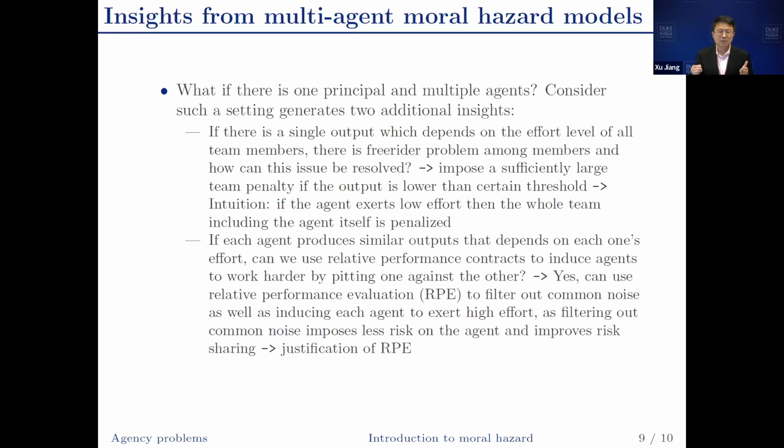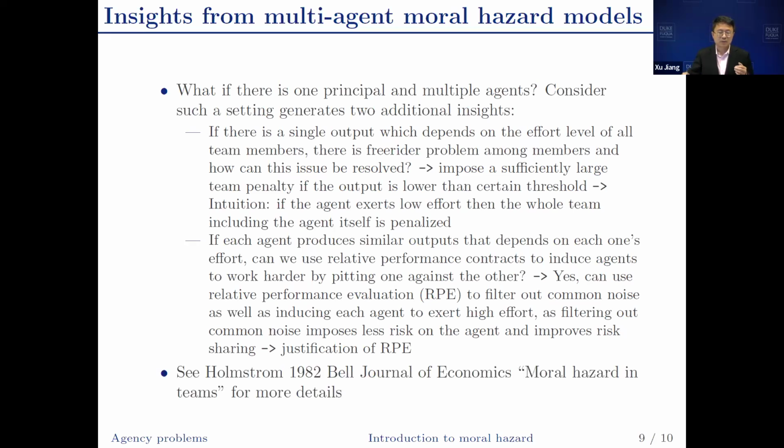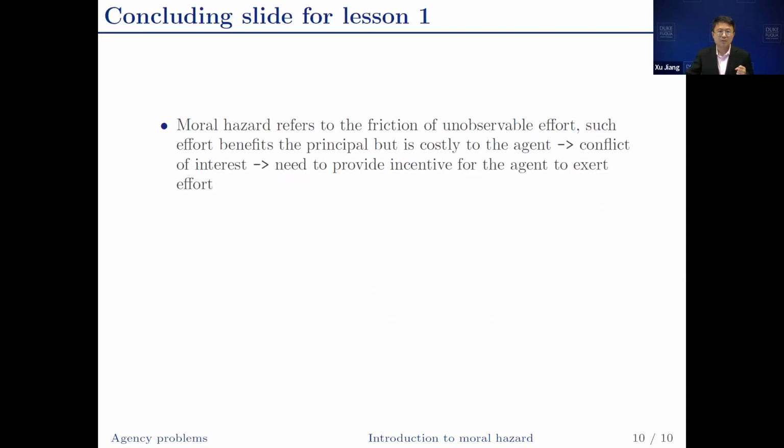Because if you can filter out common noise, that means your contract becomes less risky. So it imposes less risk on the agent and it improves the risk sharing. And so this is the justification of the common use of relative performance evaluation in contracts. And again, we're not going to discuss this in detail in this module. But if you're interested in more details on this issue, check Holmstrom 1982, the Bell Journal of Economics paper.